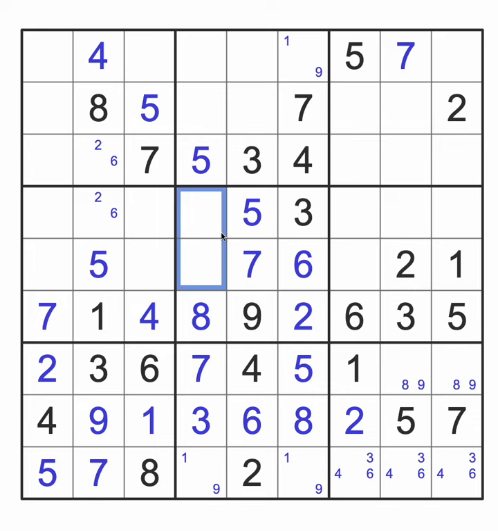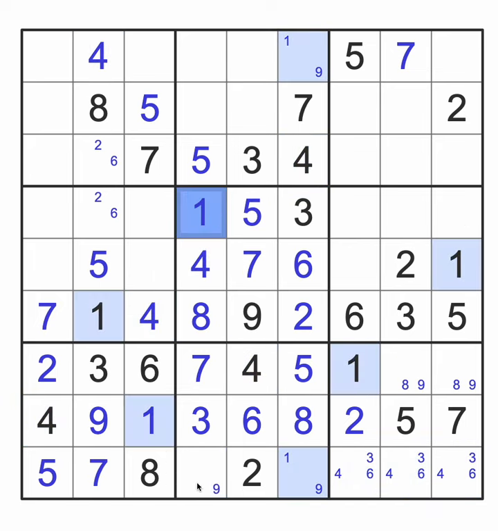This box is now missing 1 and 8. Sorry, it's 1 and 4. So 1 here makes this cell 4.